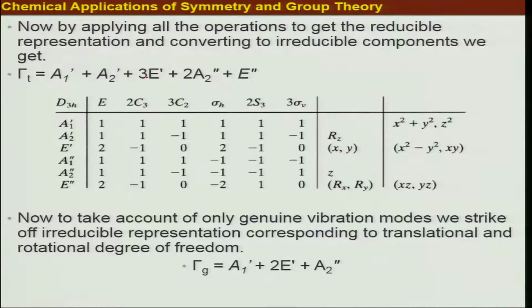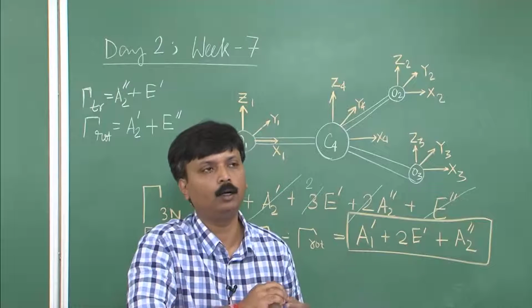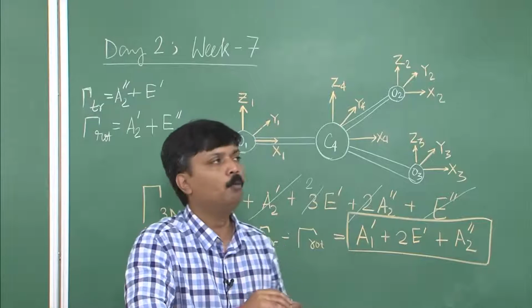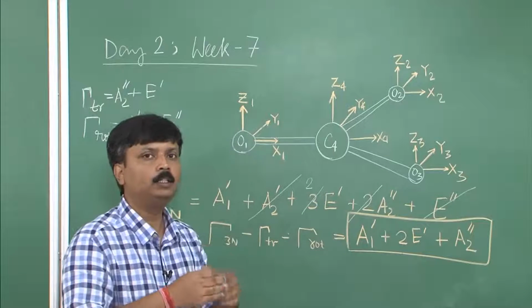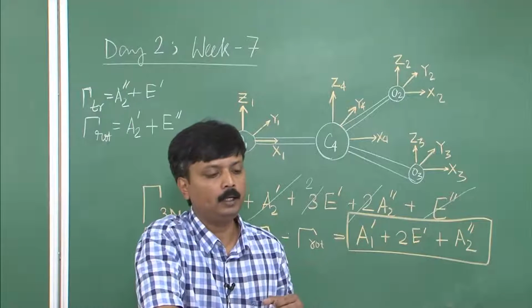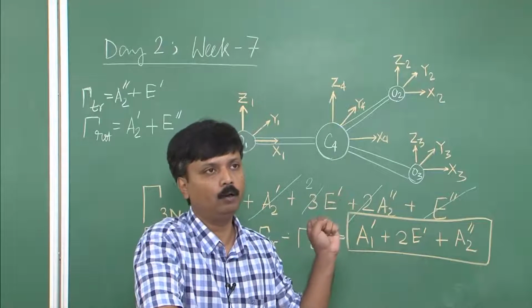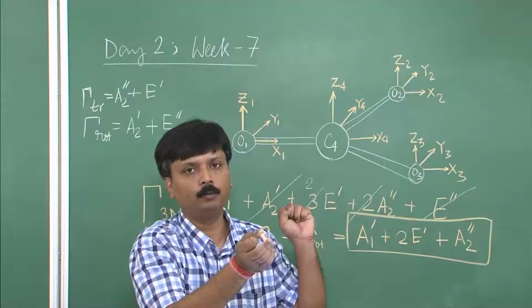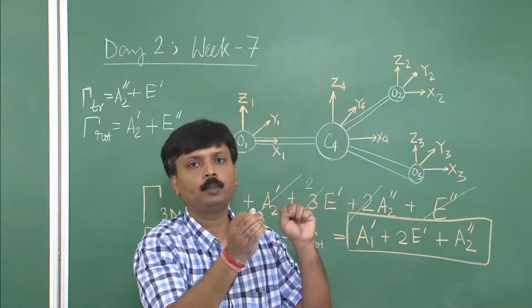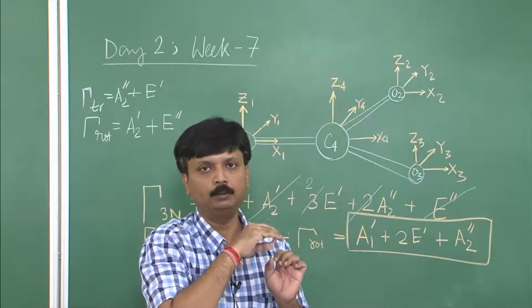So in this case, I cannot comment on the exact bond stretching or movement of a particular angle. It cannot be expressed in so pure a form, but I can say some combination of bond stretch or combination of bond angle movement will give rise to this E type of symmetry.